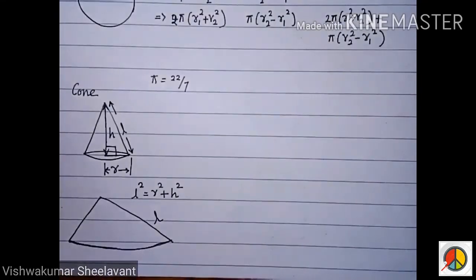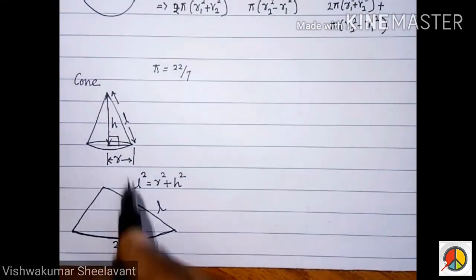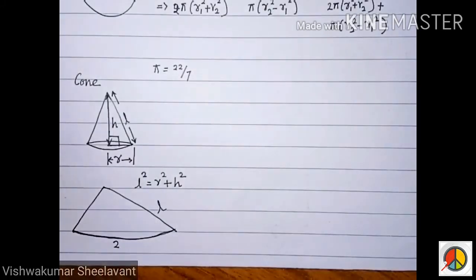This is slant height and this is base, which is equal to circumference of base circle, that is 2 pi r. Area of the triangle is half into base into height.